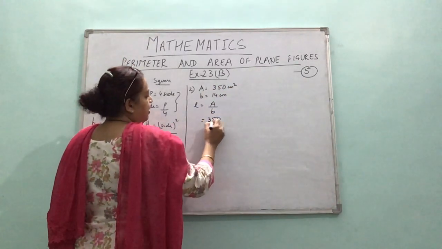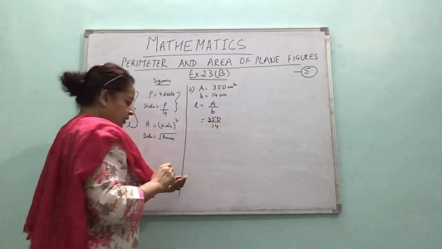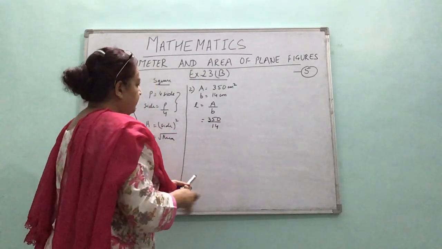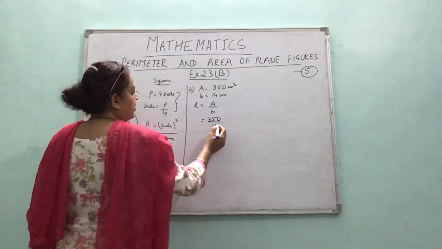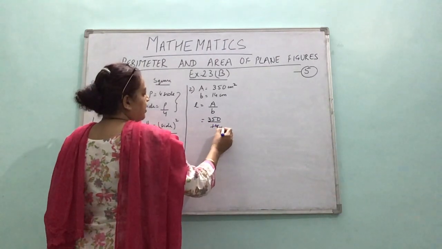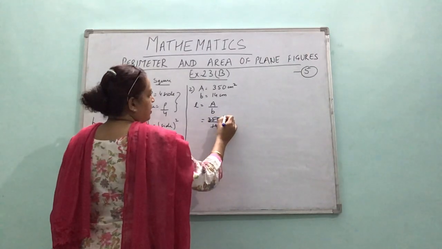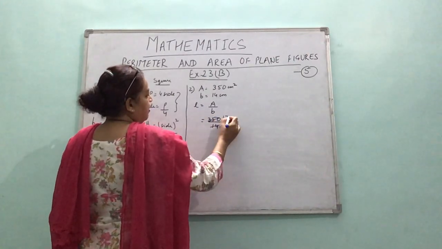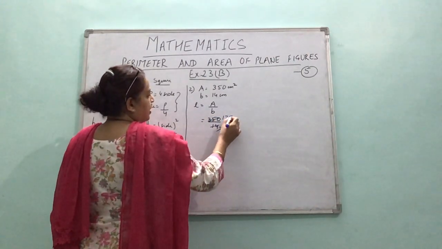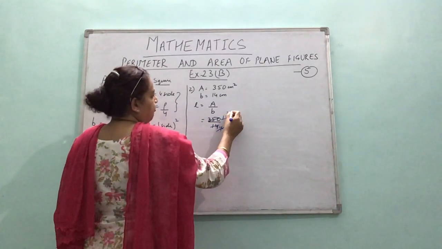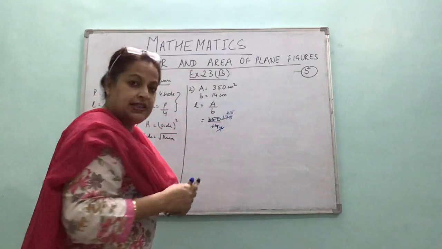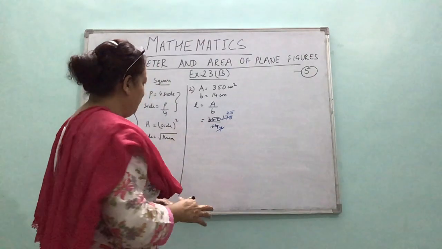So 350 divided by 14. So let's reduce it. 7, and it is 1, 7, 5. 7 2s are 14, 25. So length comes as how much? 25 centimeter.